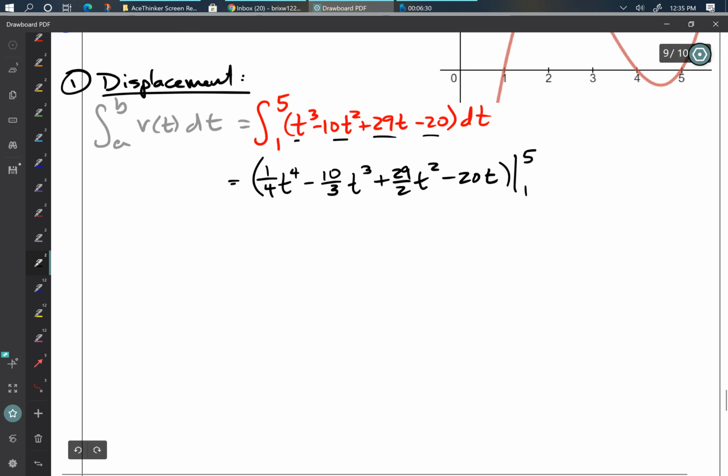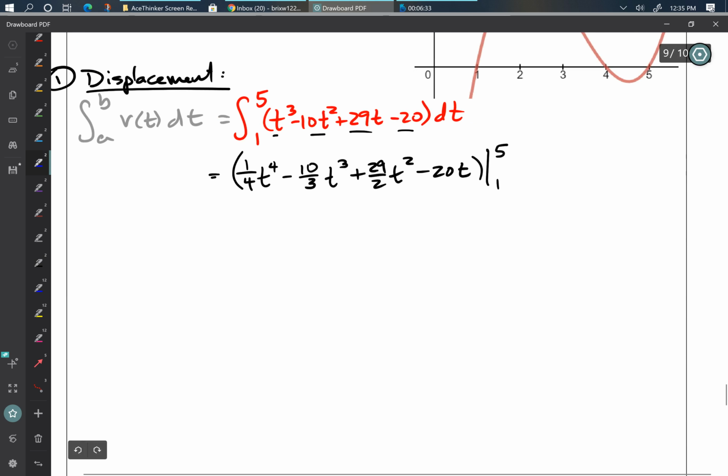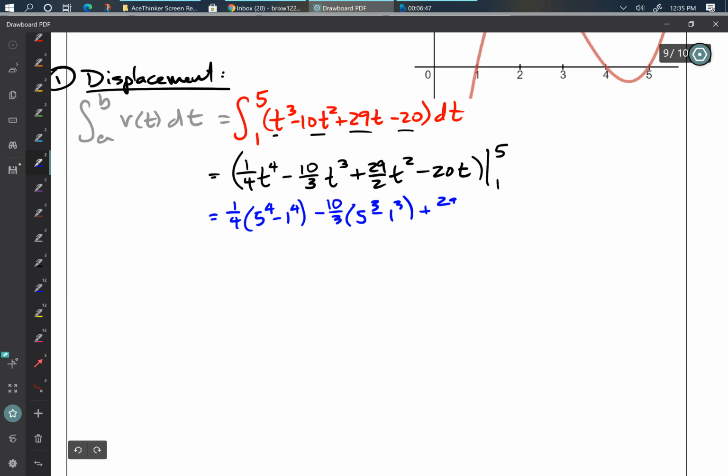Now this is definitely an example where I'm going to make use of that rip it apart business. Okay? So that's going to give me 1/4 times 5 to the 4th minus 1 to the 4th, minus 10/3 times 5 cubed minus 1 cubed, plus 29/2 times 5 squared minus 1 squared, minus 20 times 5 minus 1.